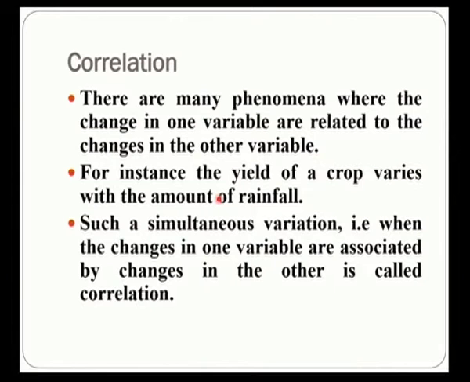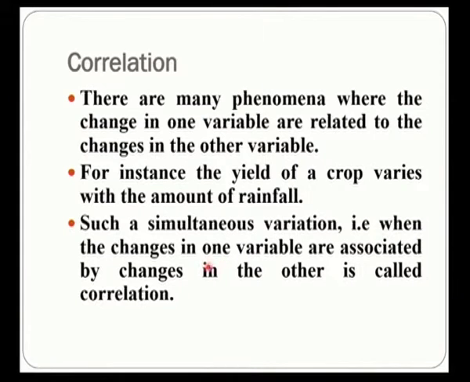Like that, the sale of a product depends on the availability of the product. If the product is available abundantly, then sale of the product will be more. If the product price is very high, then sale of the product will be very less. Like that, two variables can be related.